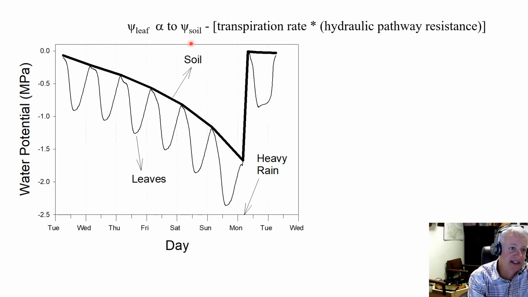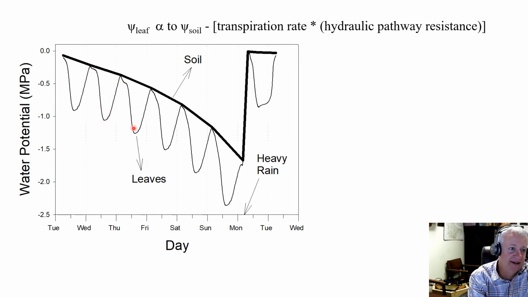Okay, so this term is becoming more negative as transpiration occurs and dries out the soil and there's no rain. So for instance, within a day, as transpiration rate occurs, the water potential of the leaves follows that pattern we saw on the previous graph, and does that every day.